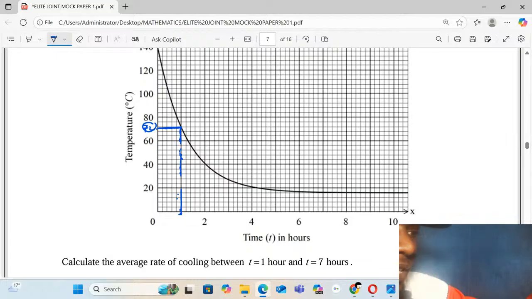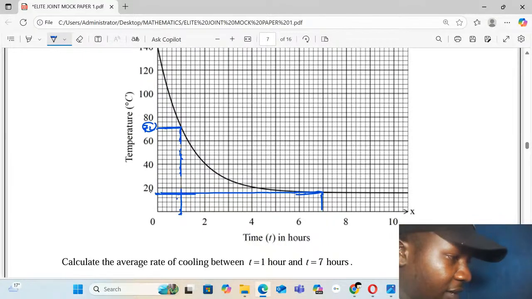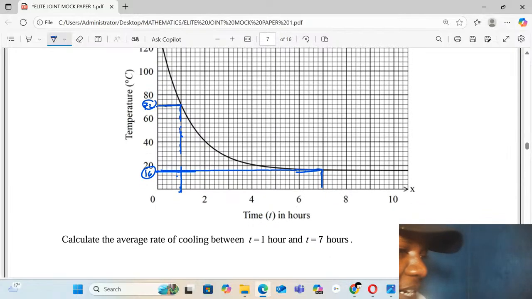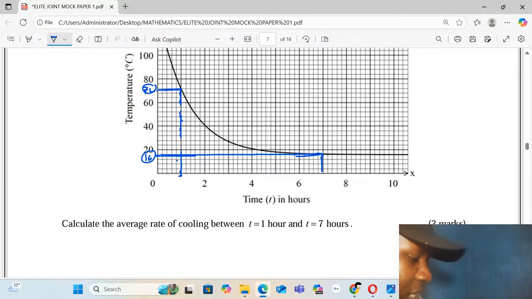Then when T is 7, we shall have it here, and this is around 16. So in short, calculate the average rate of cooling between those two points.